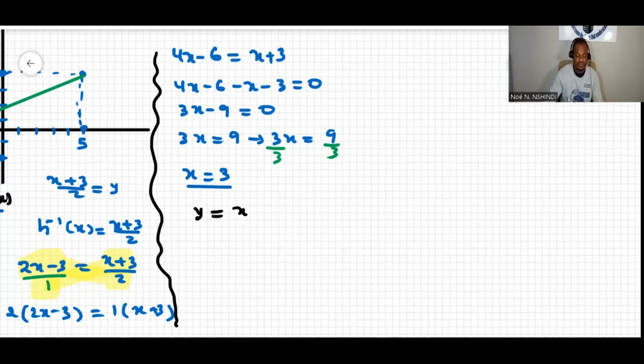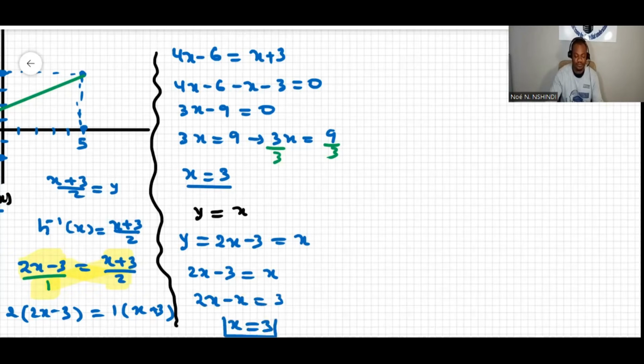So we will say that because initially y was equal to 2x minus 3 for h of x, we're going to set this equal to x. So I'm going to say 2x minus 3 equal x. So if I move the x over, I move the -3 over, this will become 2x minus x equal to 3. That means x is equal to 3. So it's the same value we got over here.